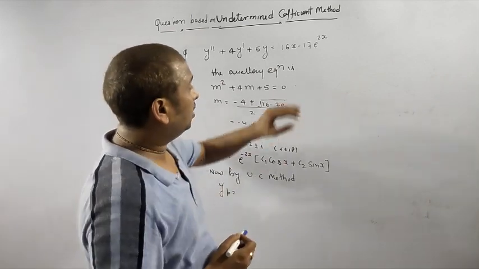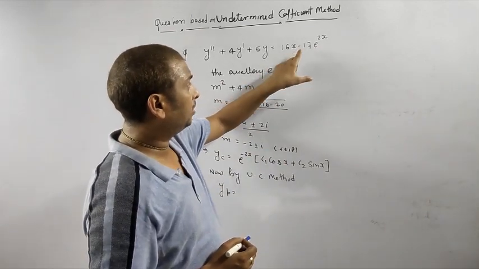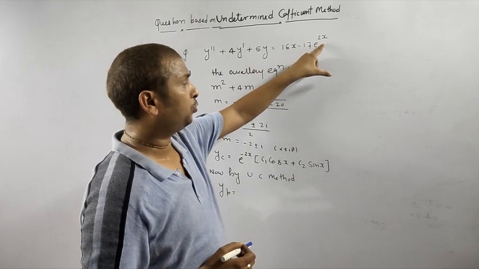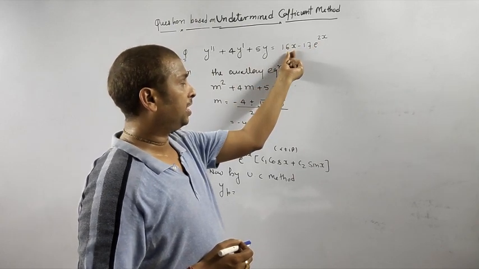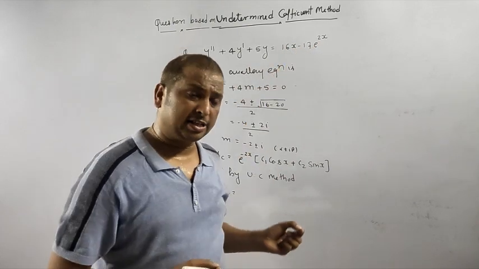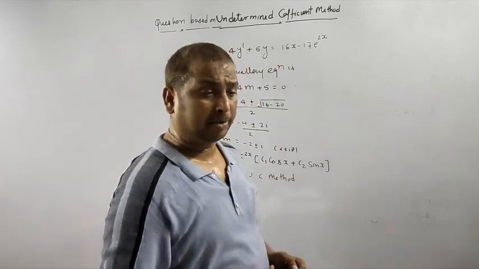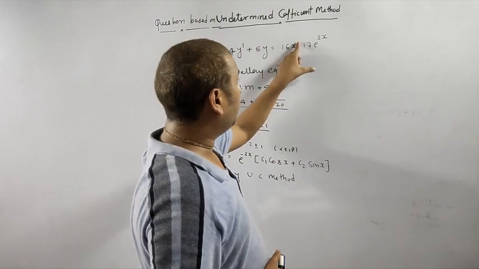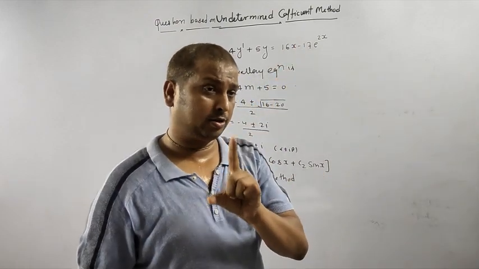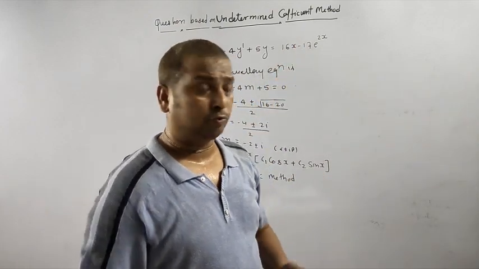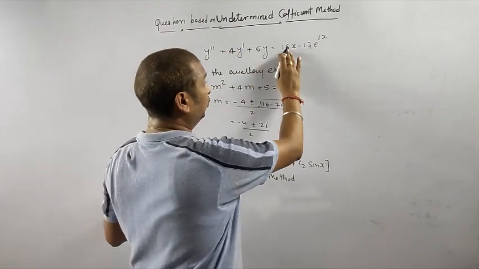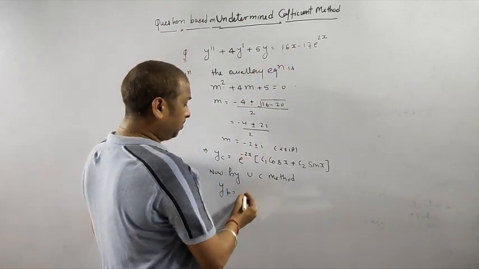Here the right hand side contains two parts, 16x and minus 17 e to the power 2x. First we write for the first part, 16x. This is algebraic type. If you have seen my previous lecture, x to the power n. What is the n value? 1.